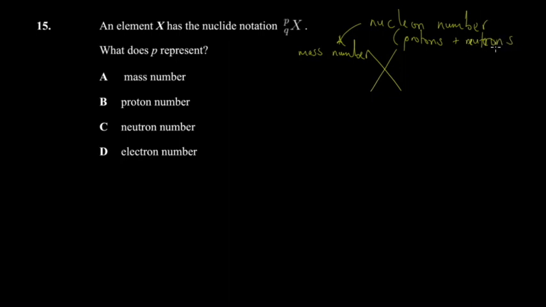Let me rub this and write it correctly. Protons plus neutrons, like this. And nucleon simply means residents of the nucleus. The residents of the nucleus are the protons and the neutrons. The electrons reside outside the nucleus, in electron shells. This one is called the atomic number.